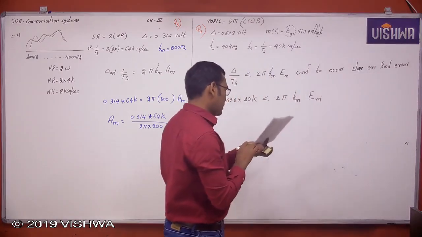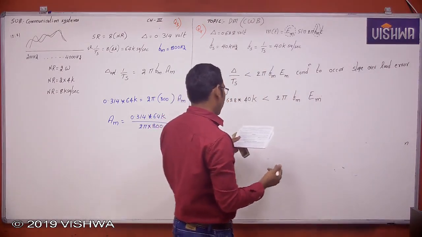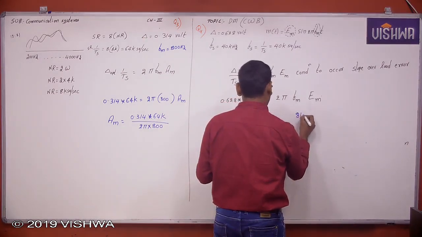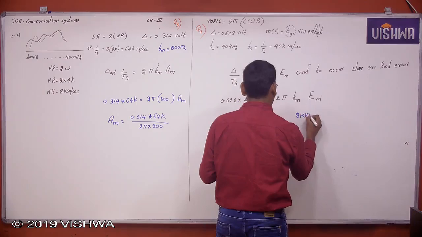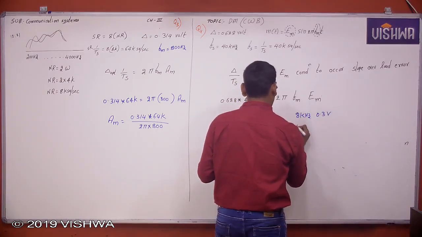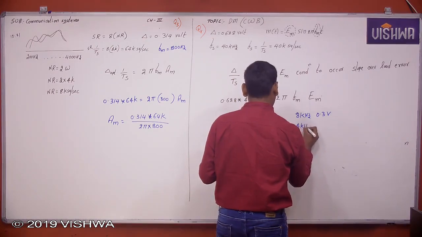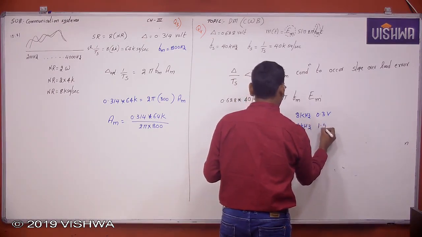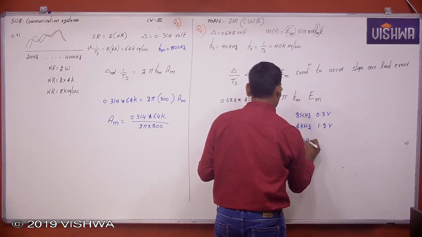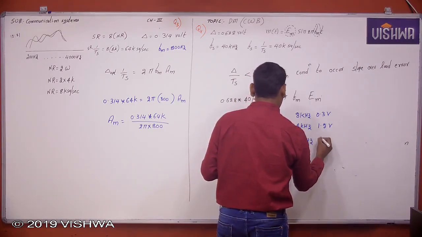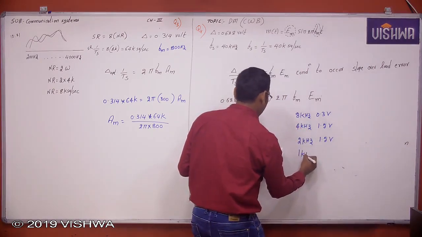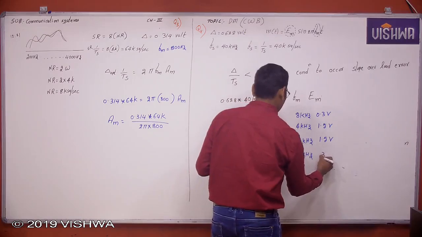Now in the options, different values of Am and Fm are given: 8 kilohertz and 0.3 volts, 4 kilohertz and 1.5 volts, 2 kilohertz and 1.5 volts, 1 kilohertz and 3 volts.